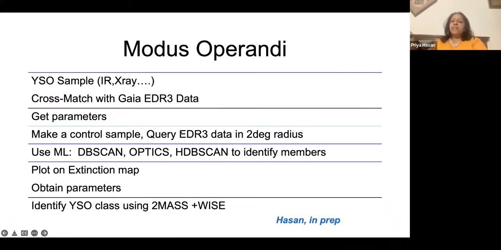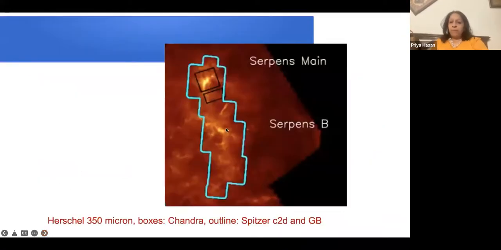Then we queried the EDR3 within a 2-degree radius. Then we used ML clustering techniques, that is DB-scan, OPTICS, and HDB-scan, to identify members, plotted them on the extinction map, and used that to obtain parameters. Then we further identified them with YSO classes. This is a paper in preparation.